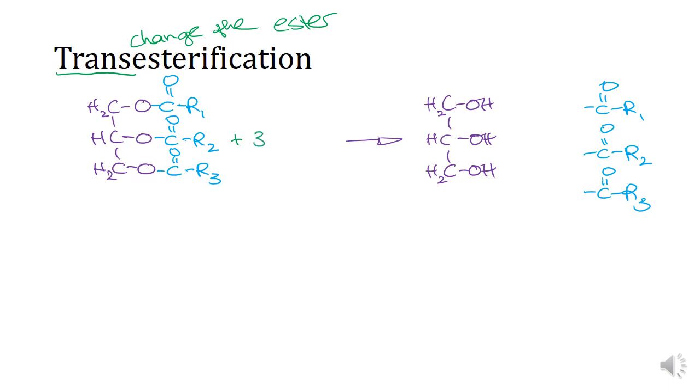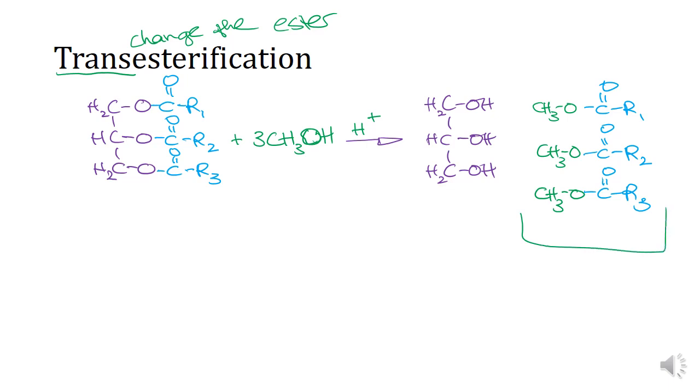So we would normally add 3 methanols, and we tend to do it in an acid catalyst. What that ends up giving me is CH3O, CH3O, CH3O. So I end up with methyl esters.